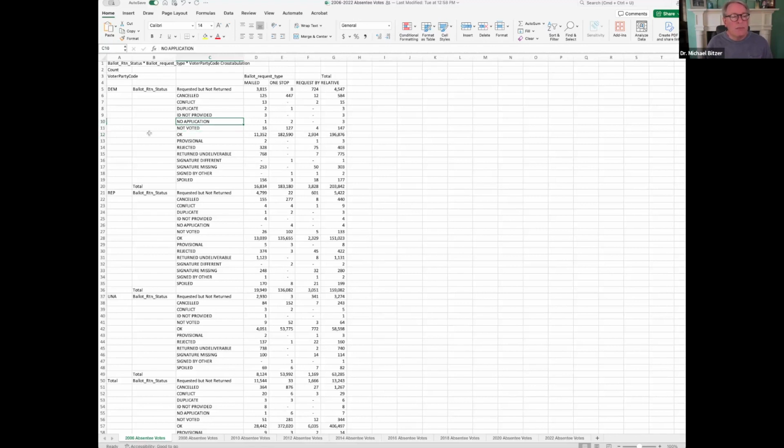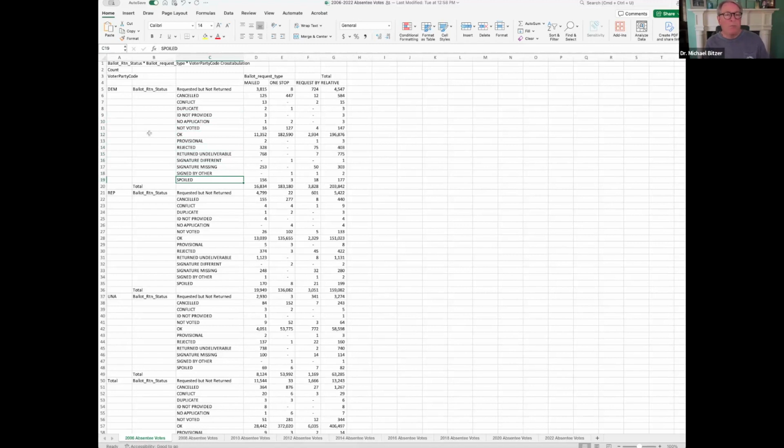You will see some other categories: some ballots, no votes. Some ballots were rejected. Some were returned undeliverable. Signatures: either the signature was different, missing, or signed by other, or a ballot that is spoiled.